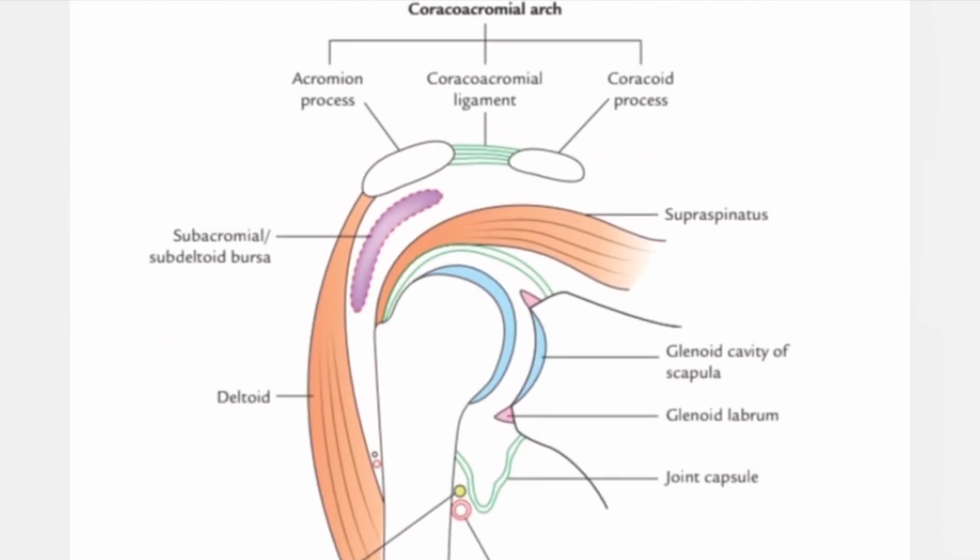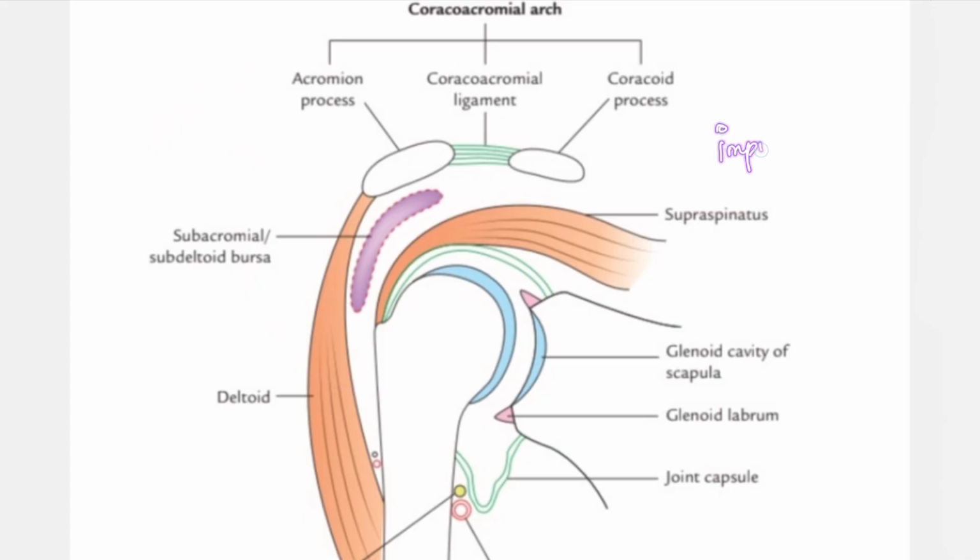If you see here, you have the coracoid process, acromion process, coracoacromial ligament here, and this is the supraspinatus tendon, and you have the subacromial bursa. Whenever there is deposition of calcium in supraspinatus, it irritates the subacromial bursa above it. So whenever the person abducts the arm, the bursa slips in between both, and there happens subacromial impingement.